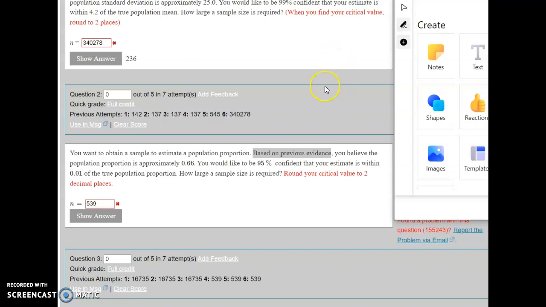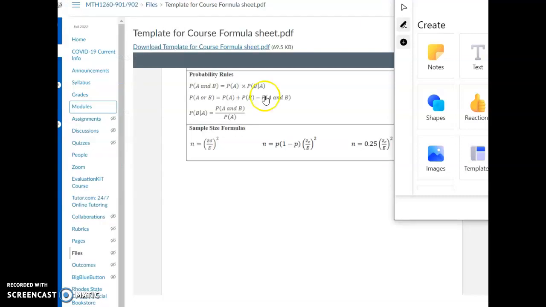All right, since they're giving us a P, I'm going to be using this formula here. N equals P times 1 minus P times Z over E squared.